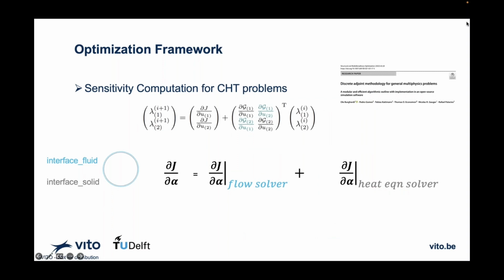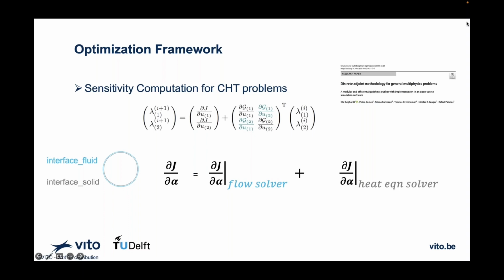But more crucially, it is important to know what the sensitivity computation is for conjugate heat transfer problems. For that, I would refer to the work by Ole and the group at Professor Gauger's group, where they have clearly established how the cross-dependent terms in multiphysics are used. To extend that with CAD-based parameterization, one simple way was to know that there is a contribution to the sensitivity from the flow solver and a contribution from the heat equation solver.